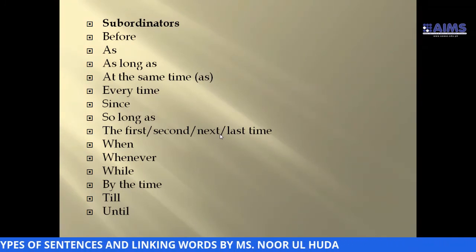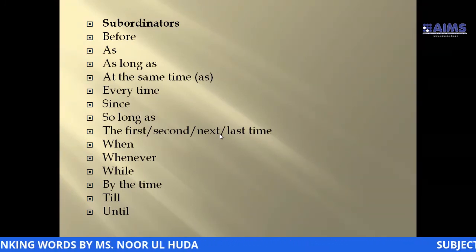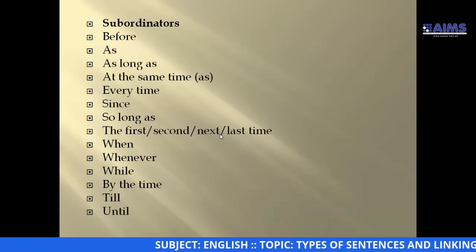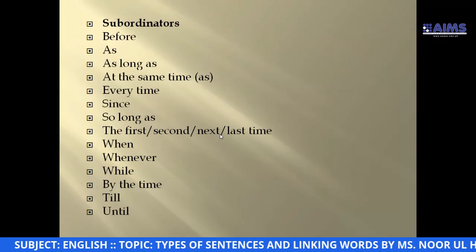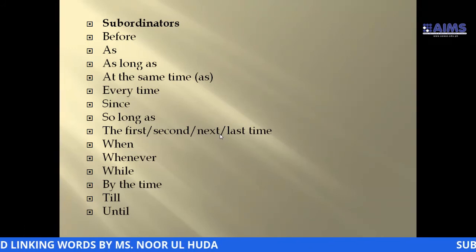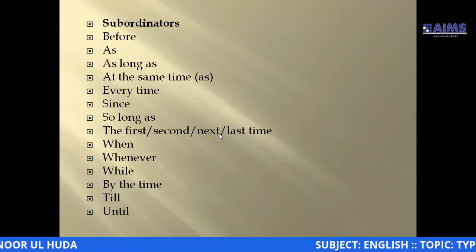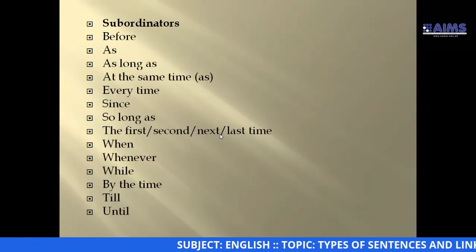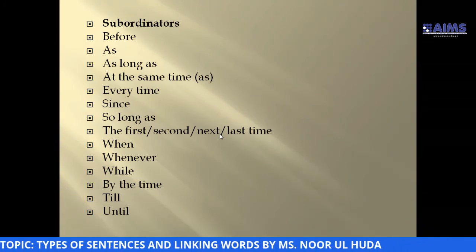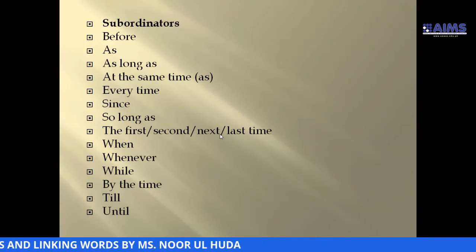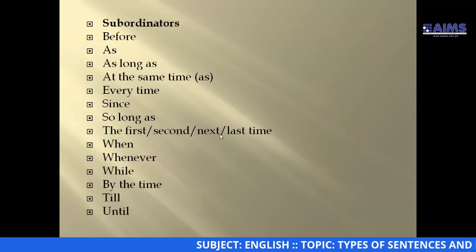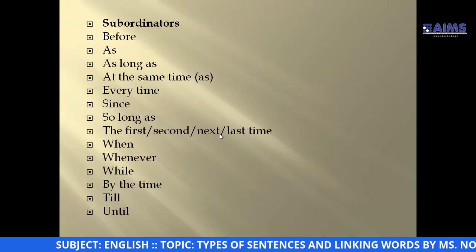Sometimes they can overlap. At the same place we can use as long as, and similarly we can use since at that time. There are certain points in which we can use more than one subordinating conjunction to show the intended meaning of the writer or the speaker. So there can be overlapping of these types of things.